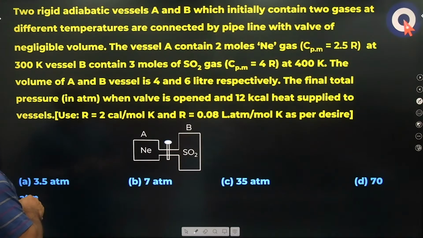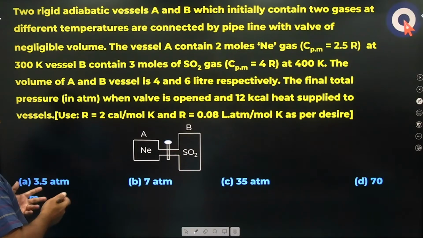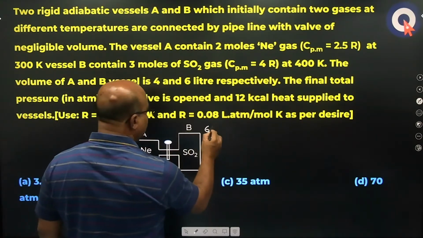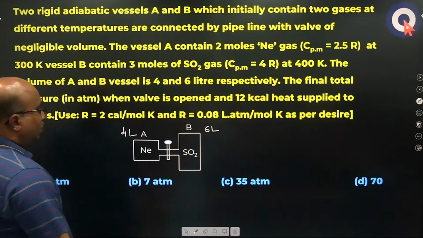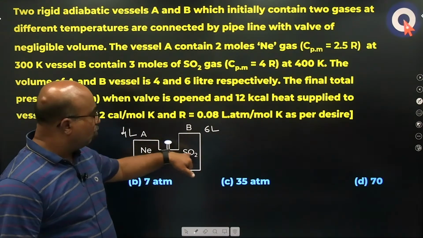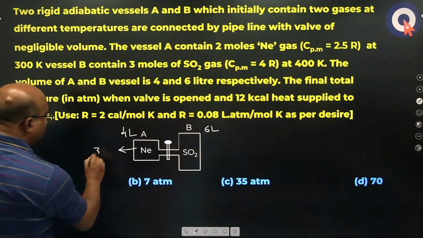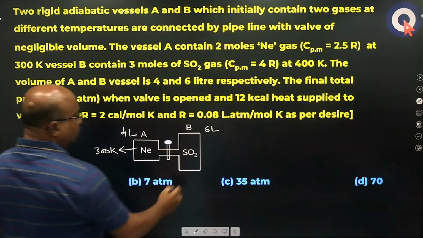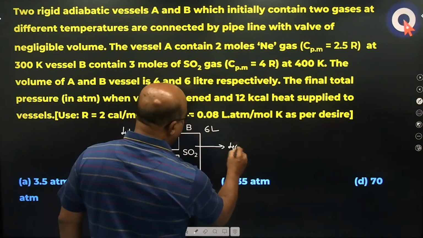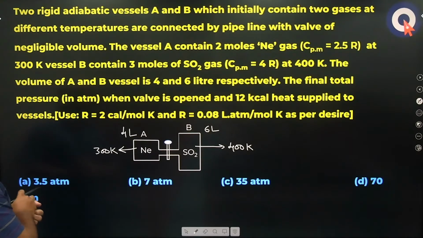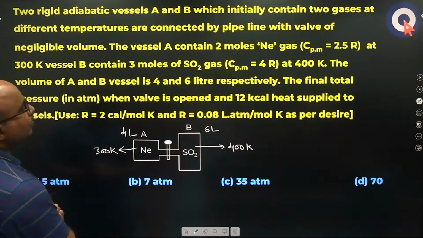The volumes of vessels A and B are 4 and 6. So it's a 4-liter vessel and a 6-liter vessel. It has neon, this has SO2. This is at 300 Kelvin. This is at 400 Kelvin. And Cp for the gases are given.